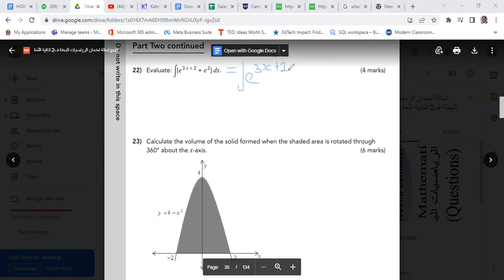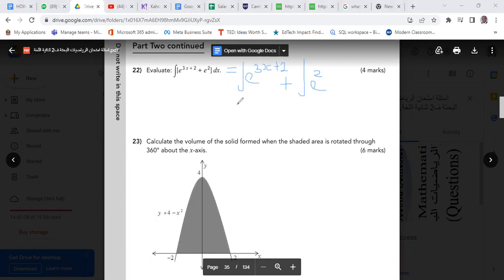This is very cheap. You should enjoy this particular question. I only separated them. I've not done anything big. I just separated them into 2. So now I can easily integrate. Now for this one, if I integrate the power, it will give me 3.